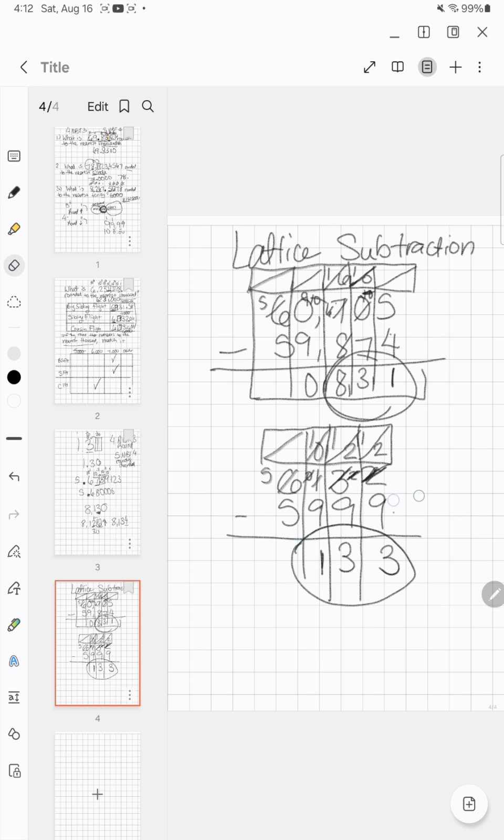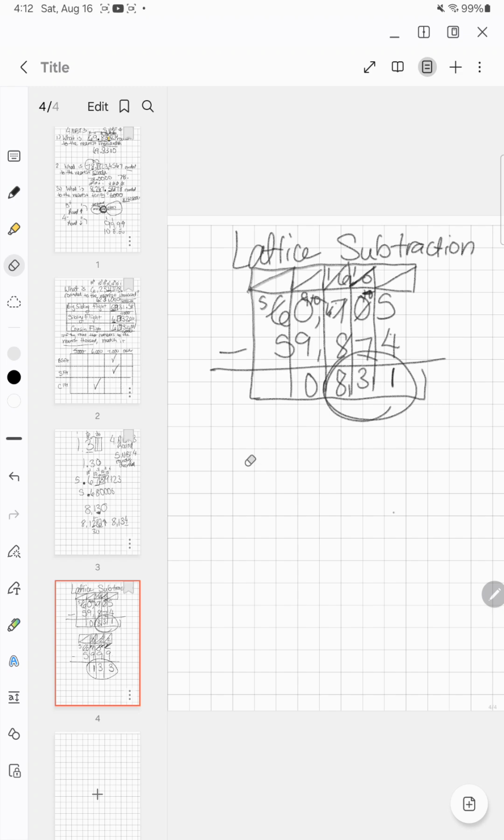I'll do one more. And this time I'm going to use a decimal. I'll do 311 and 58 cents minus $93.69.